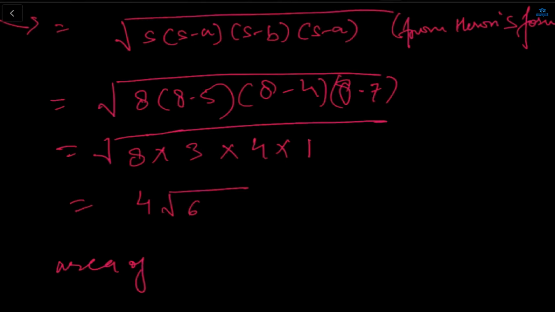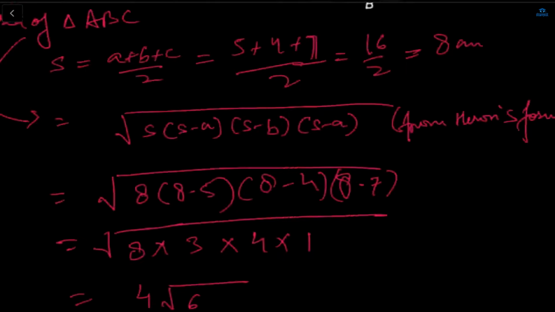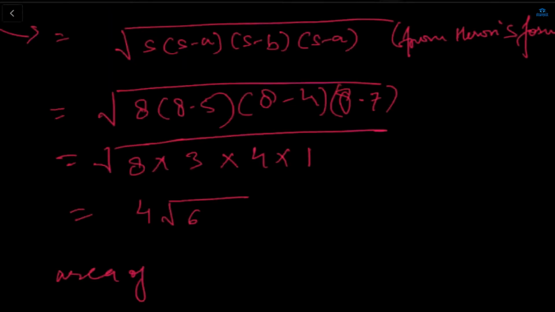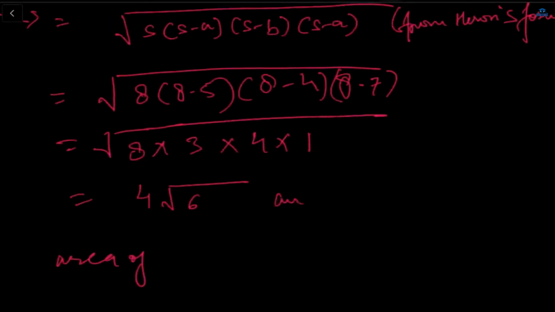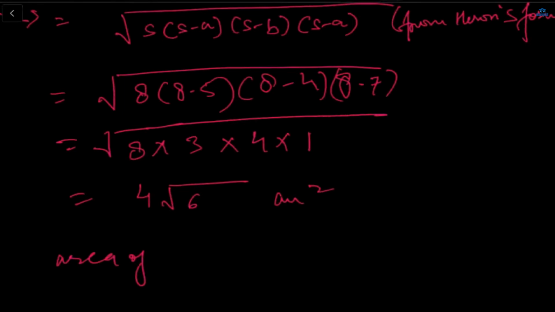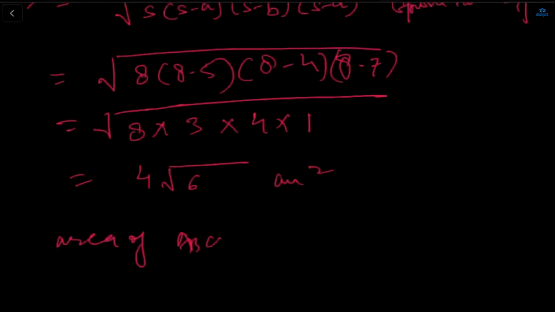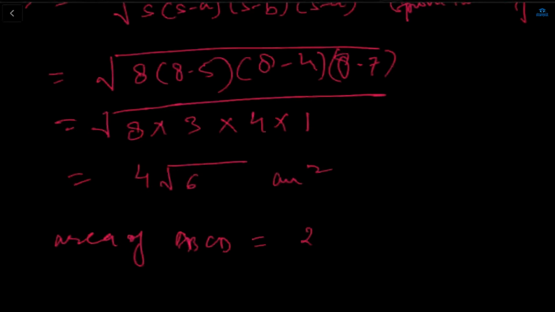Ma'am, I'm saying 8 into square root of 6 as the area of the quadrilateral. Yes, so area of quadrilateral ABCD will be equal to 2 multiplied by 4 root 6.